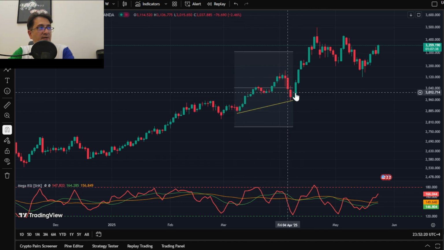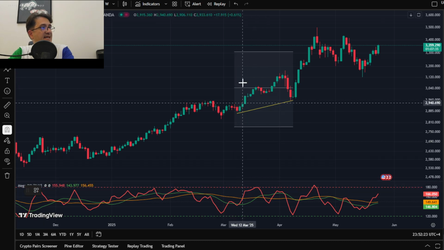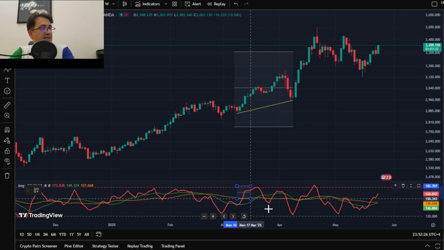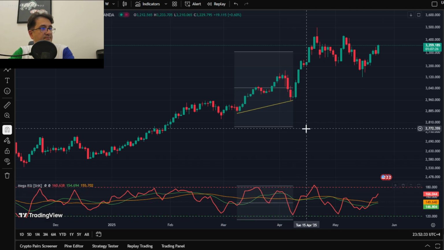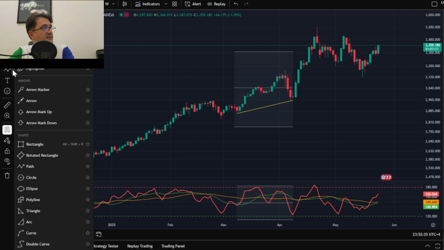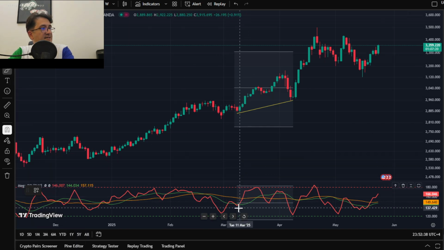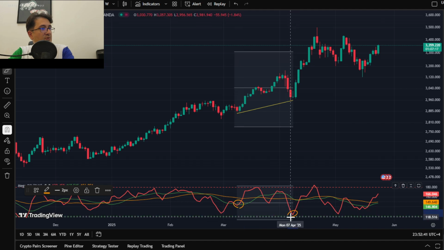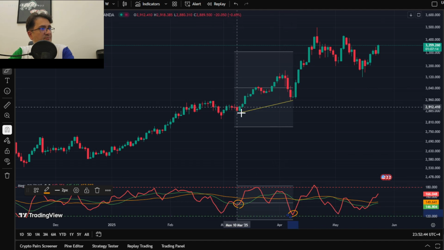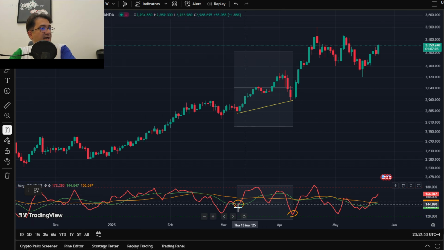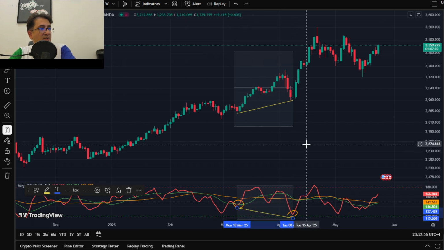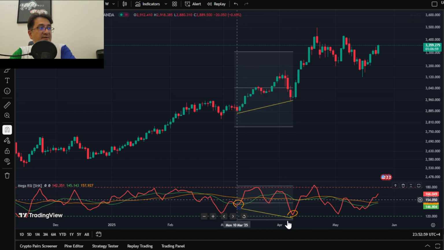And at the same time in the indicator, you have low number one and low number two, exactly matching these lows. This is the same as this, and this is the same as this, and here we have a lower low this time. So there is a difference in the direction. We have higher low, lower low.